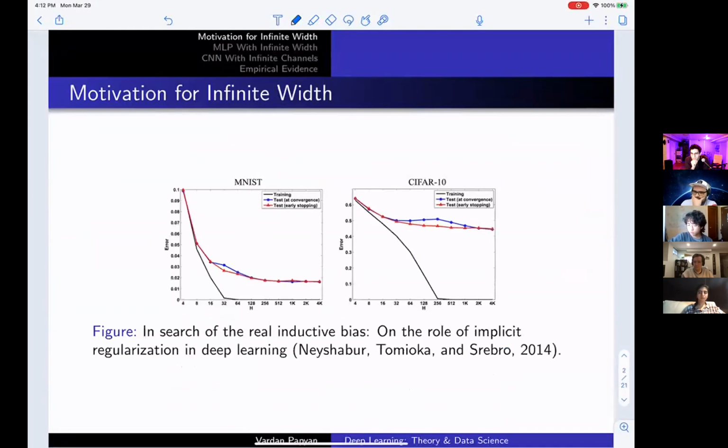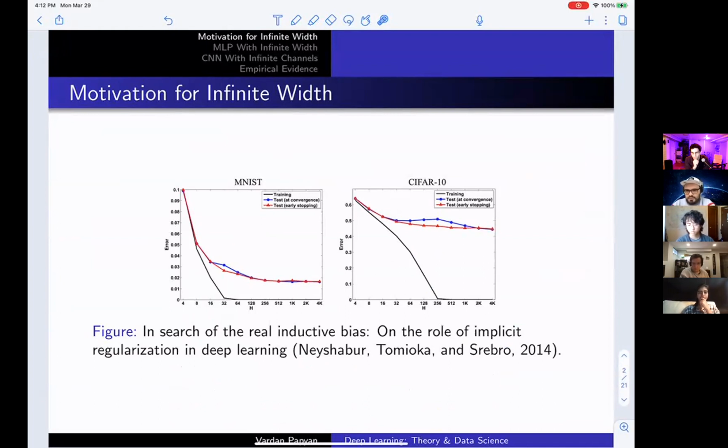So let us begin by recalling an experiment that we discussed somewhere in the beginning of the course, sorry. The experiment is by Neyshabur, Tomioka, and Srebro.